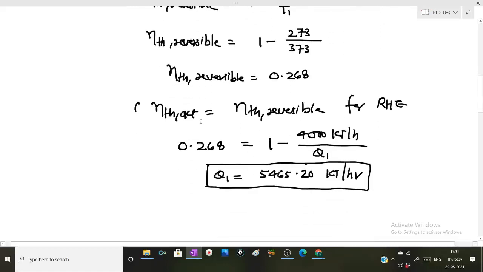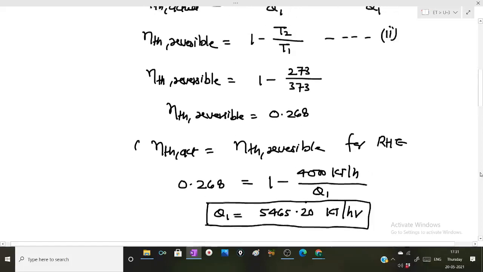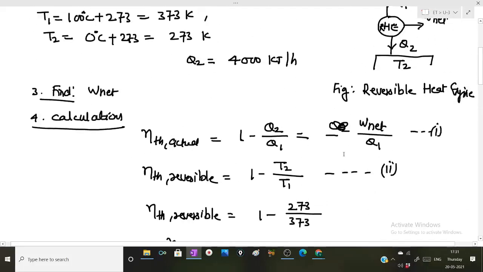Now for a reversible heat engine, in the limiting case, the actual thermal efficiency will be equal to the efficiency of the reversible heat engine. From this very fact, I got the value of Q1. But this is not the end result. I am supposed to calculate W net.